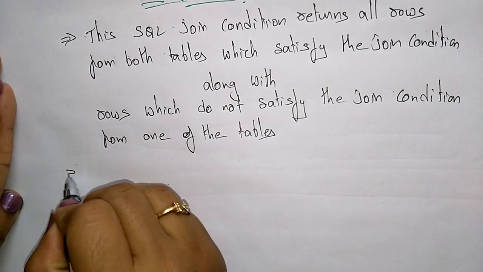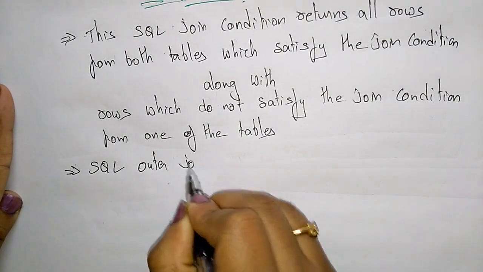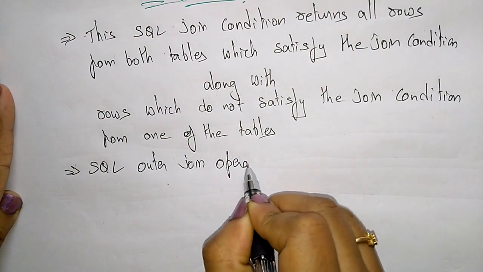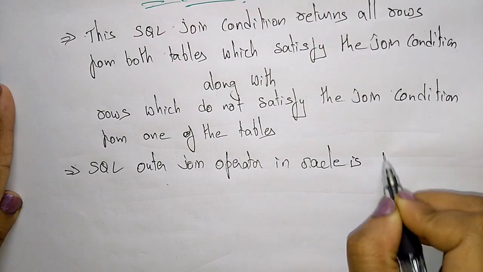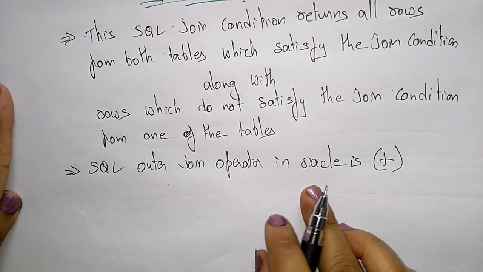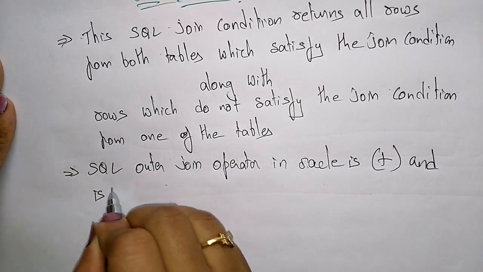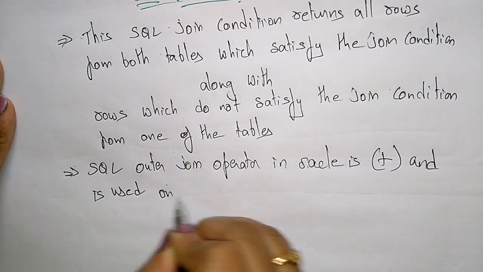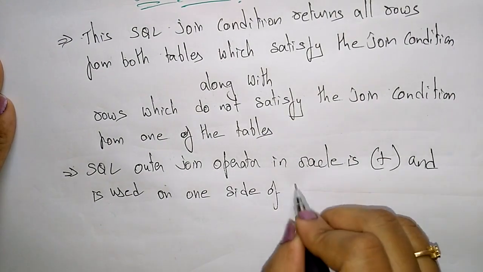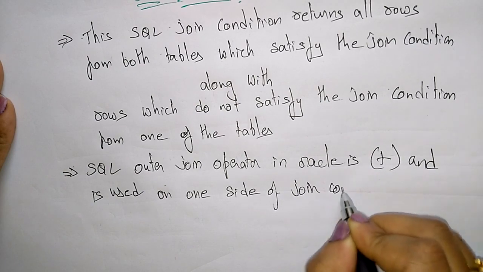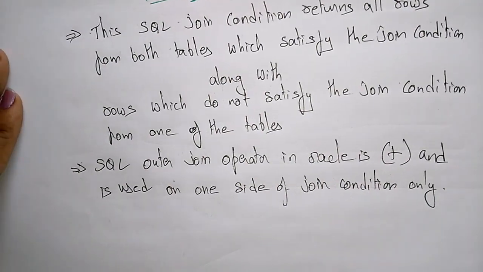So let me write: SQL outer join operator in Oracle is plus, and is used on one side of the join condition only. So one side of the join condition only, whether it should be the right side or the left side.